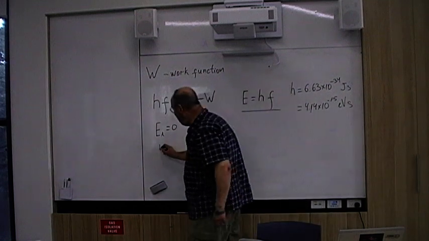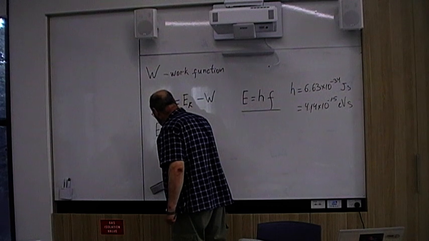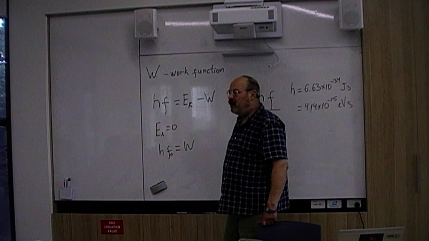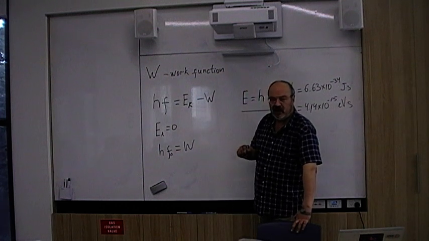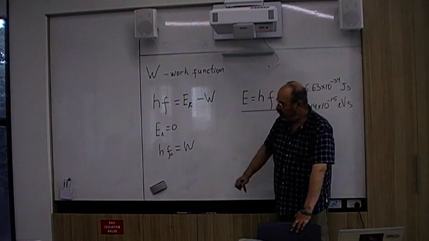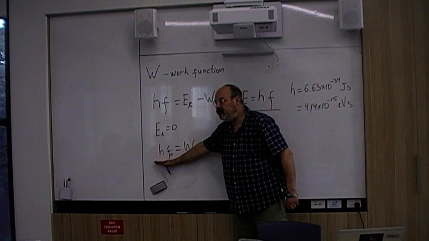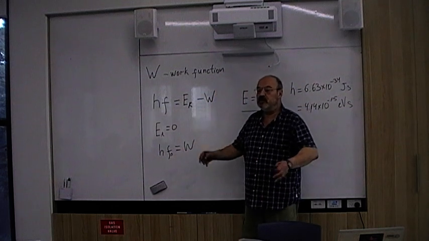We will have hf equal to the work function, and that will be the threshold frequency, the minimum frequency required for the electron just to get out. The energy of the photon is just enough to overcome the work function, zero speed, but out.